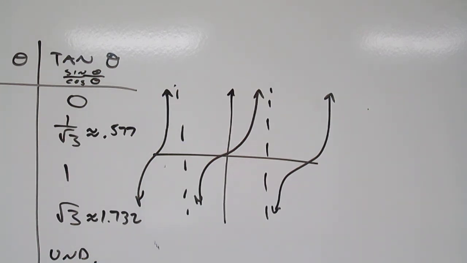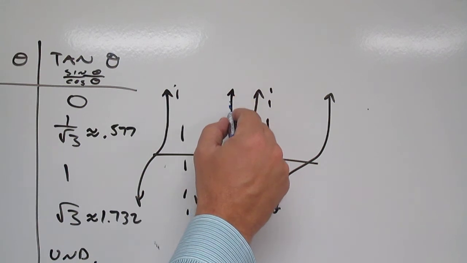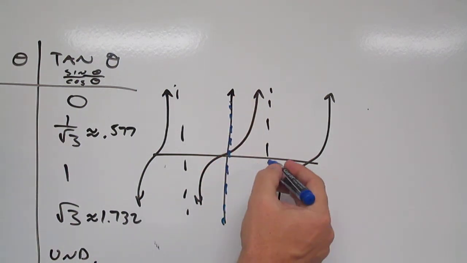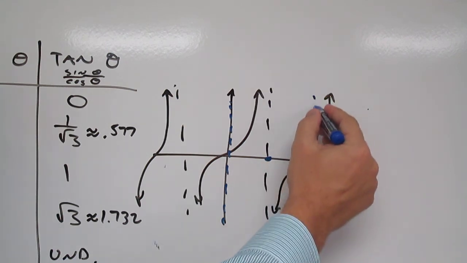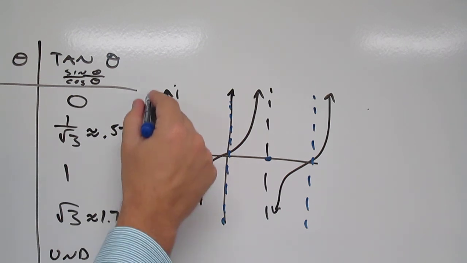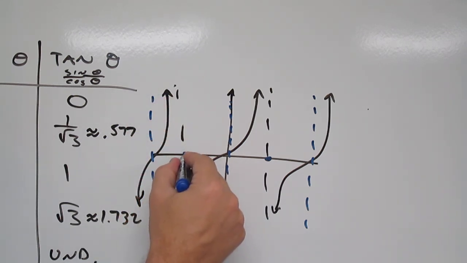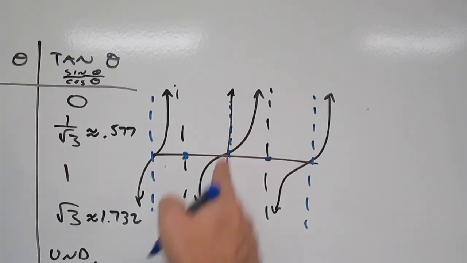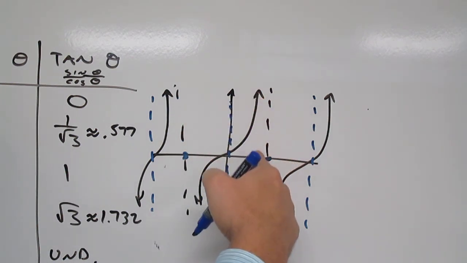So if I try to do that in a different color, anywhere that the original function was equal to 0, I'm going to have an asymptote. And anywhere that it was undefined is now going to be 0. So that's going to be an asymptote, and that's going to be 0. If I flip a big number, it's going to be close to 0.